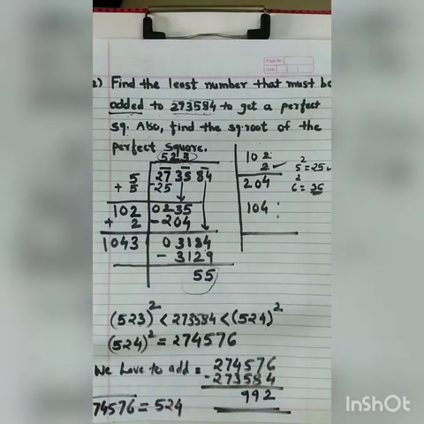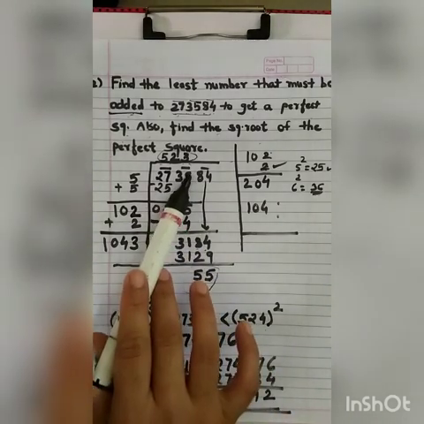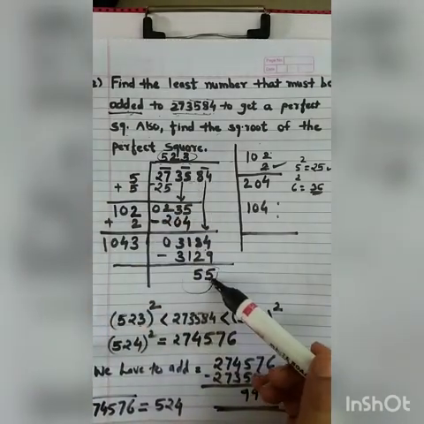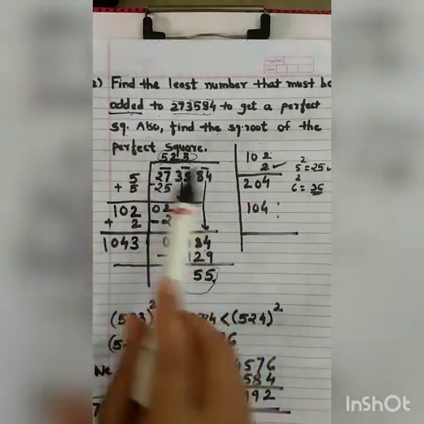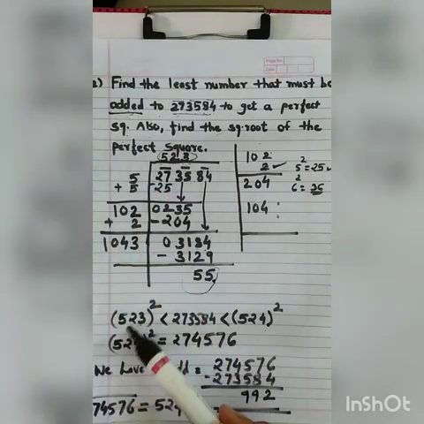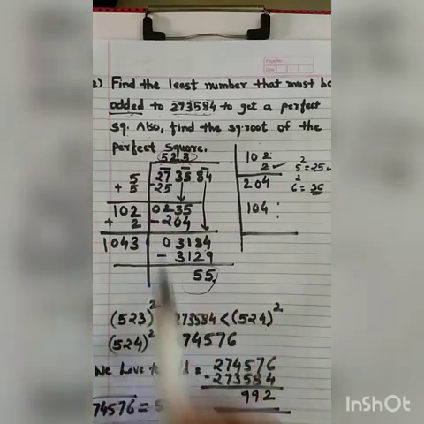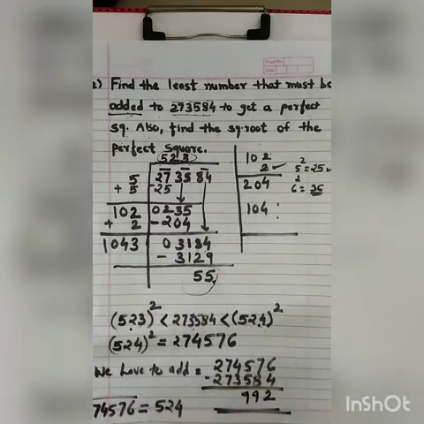Now listen, in subtraction we directly subtract the remainder, because in subtraction your number is bigger. But in addition, your number is smaller, so you cannot directly add or subtract this 55. That's why we use the quotient. The quotient is 523, so we take the consecutive number, 524. Your given number lies between 523 square and 524 square. As we have to add, we cannot go with the smaller number; we have to take the number greater than your number.